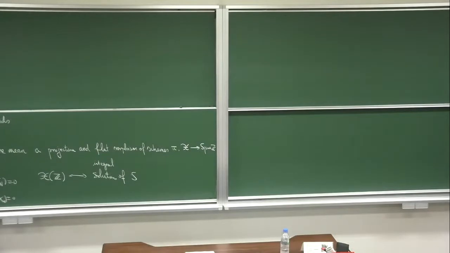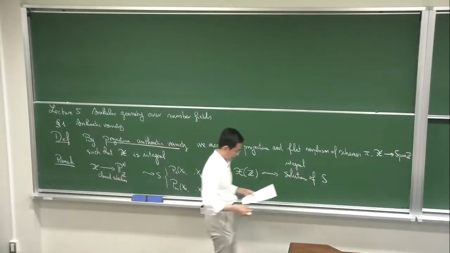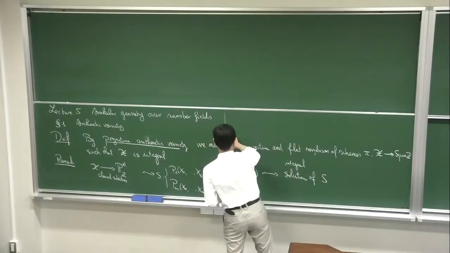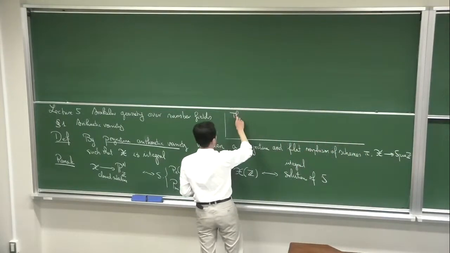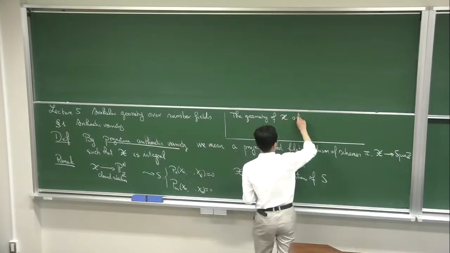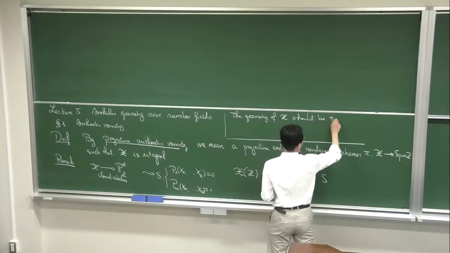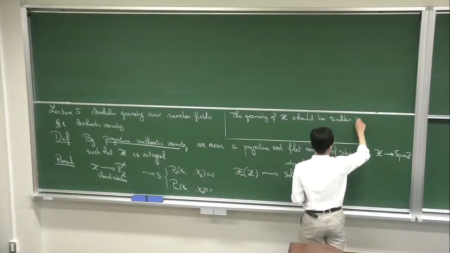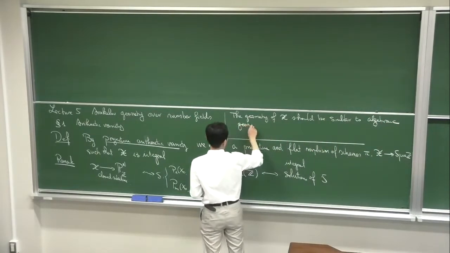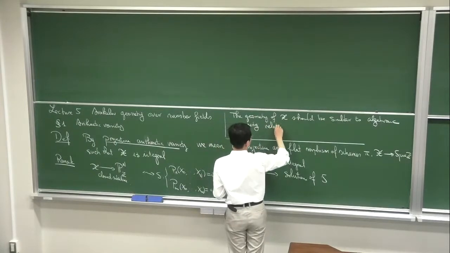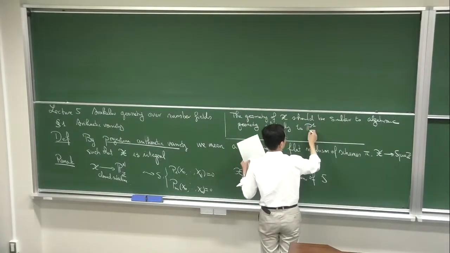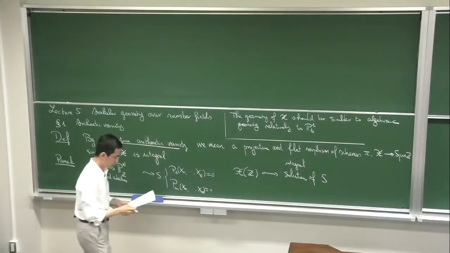Now, what is the relation with algebraic geometry? A very general idea of arithmetic geometry, which I write here as a principle, is that the geometry of X should be similar to algebraic geometry relative to some curve, for example relative to a P^1 over some field, finite field or any field.